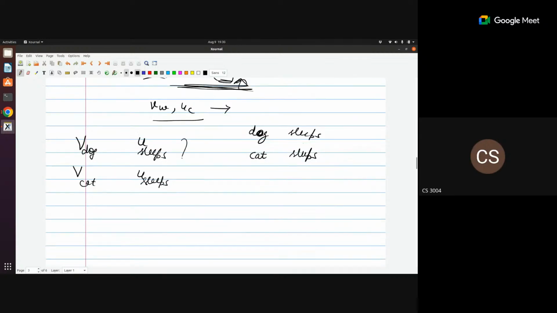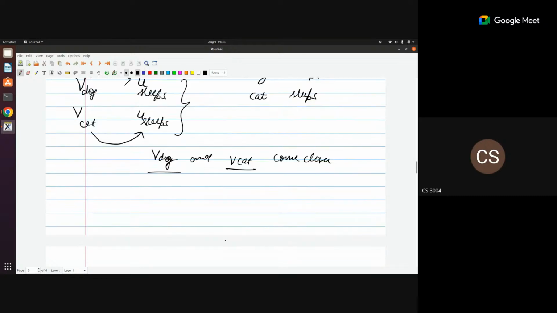The result of this is that eventually V dog and V cat come closer, and that is why the similarity between V dog and V cat increases.